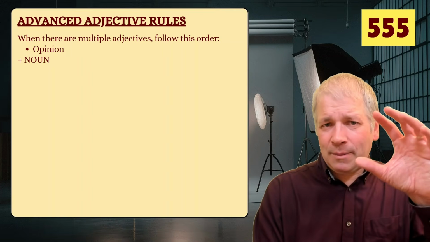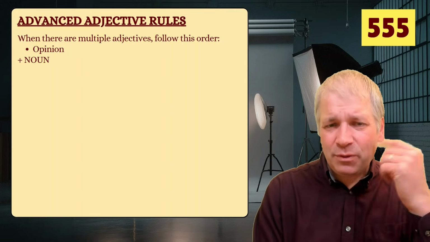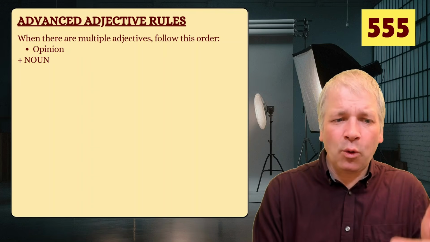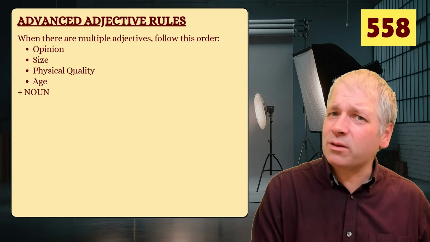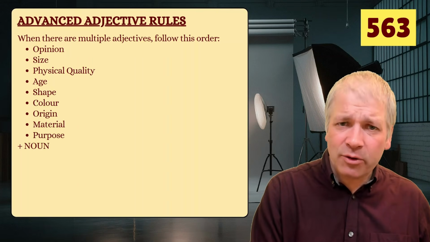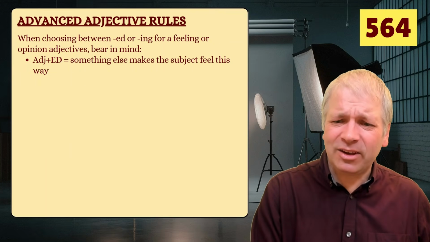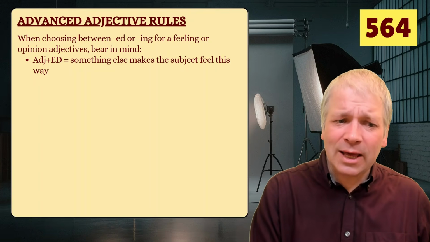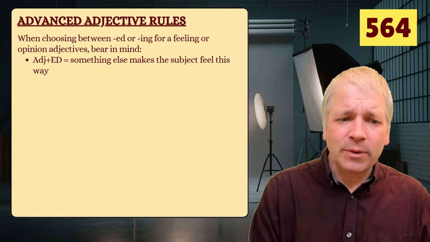First of all, I'm going to go through a list here where the noun always comes after the adjectives, but these words of adjectives, if there's more than one, come before in this order. Opinion, then size, physical quality, age, shape, colour, origin, material, and purpose. When choosing between ed or ing for a feeling or for opinion adjectives, bear in mind the following.